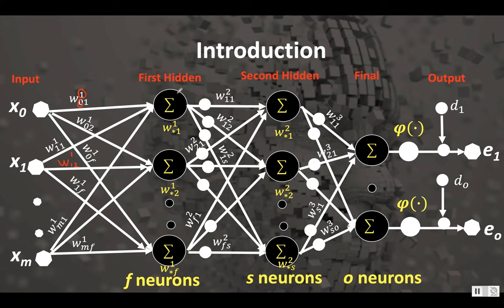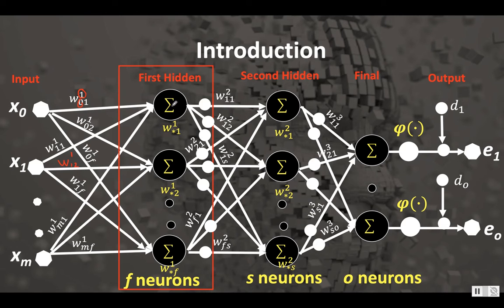So this is how we go from the input to the first hidden layer. What happens in each neuron is that all the inputs are multiplied by their synaptic weights and then summed together at this neuron.